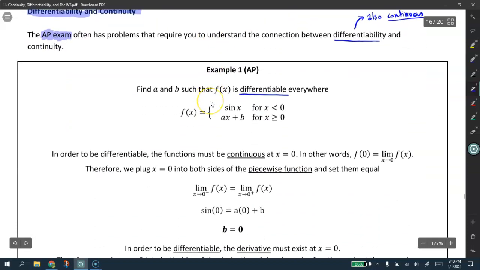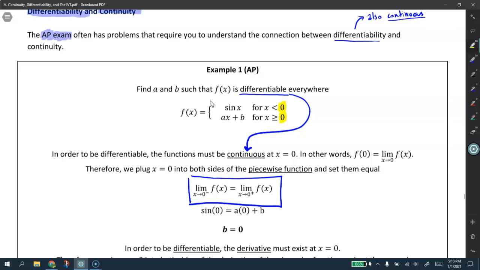Because we were told that the function is differentiable, we know that it must also be continuous. So we begin by taking the left hand and the right hand limits, and notice that the number they are specifically referring to is the number 0. We're approaching 0 from the left hand side and the right hand side, and we're setting the two pieces equal to one another.